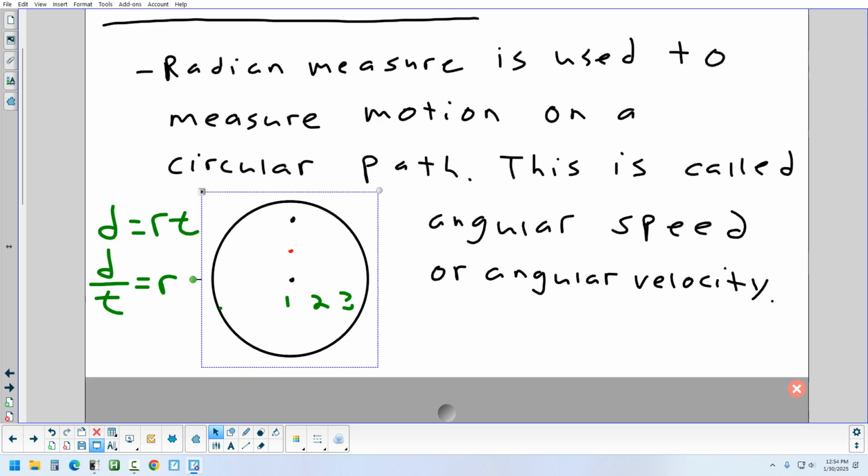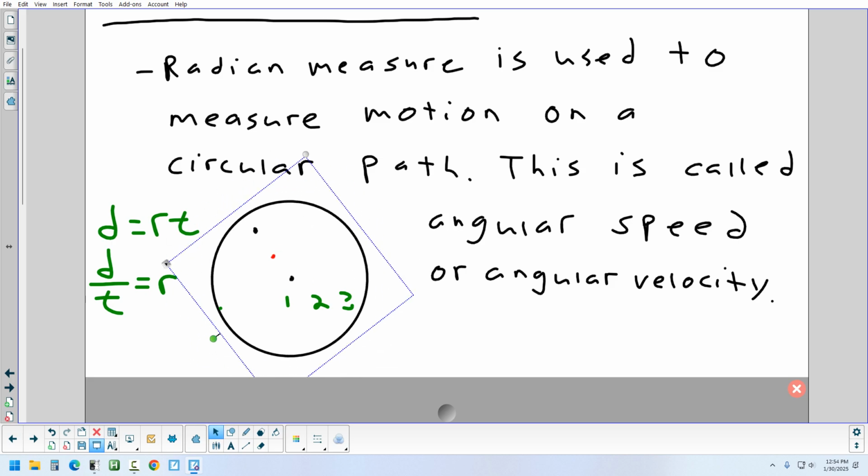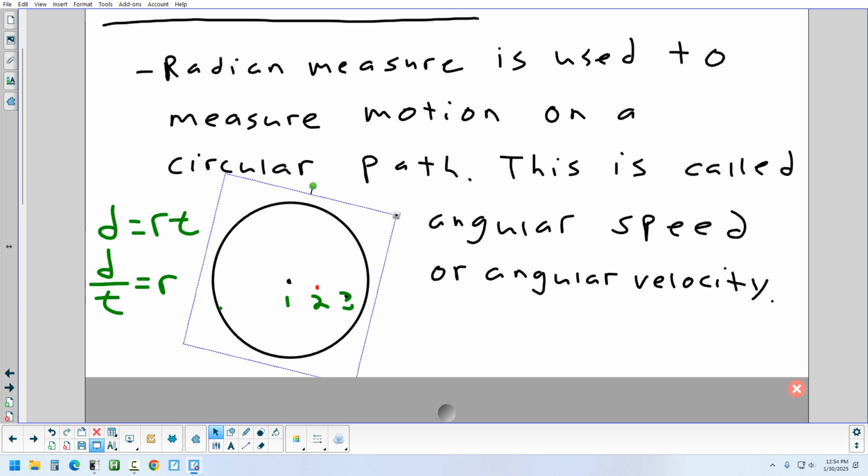No. Which dot traveled the farthest? Dot 3 traveled the farthest. It made the biggest revolution. Dot 2, the second biggest, and dot 1 looked like it didn't move at all. So does that mean you'd say the speed of dot 1 is 0? No, it's spinning in place, so it's still moving. But dot 3 definitely traveled the farthest.